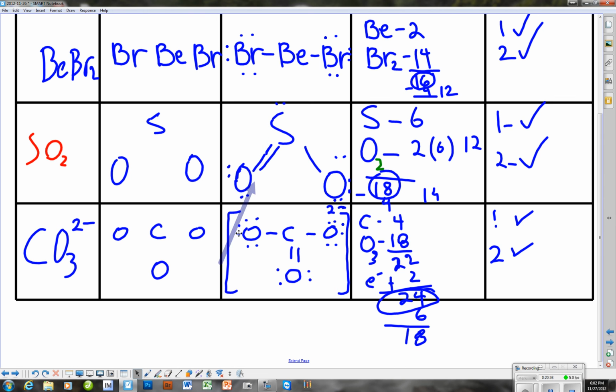And now the reason that the extra bond got in here is because sulfur was short.